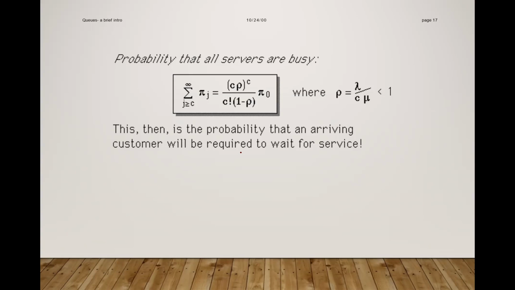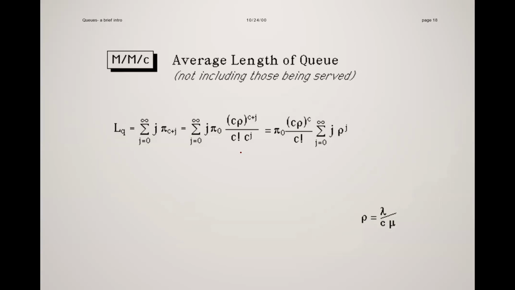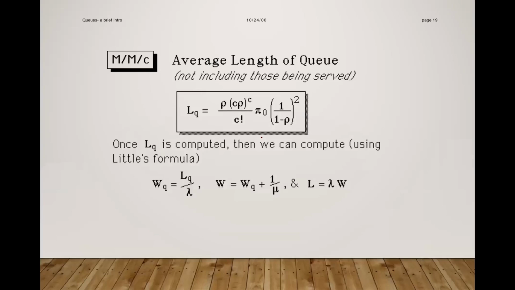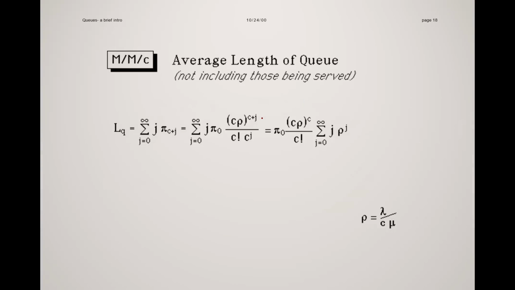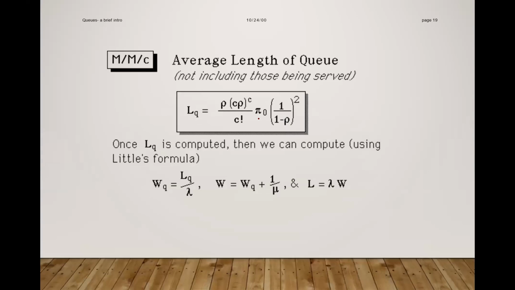So what's the average length of queue? This is just the formula. You can read about this in the book also. Average length of queue, this one. Once L is computed there, we can compute this using Little's formula.